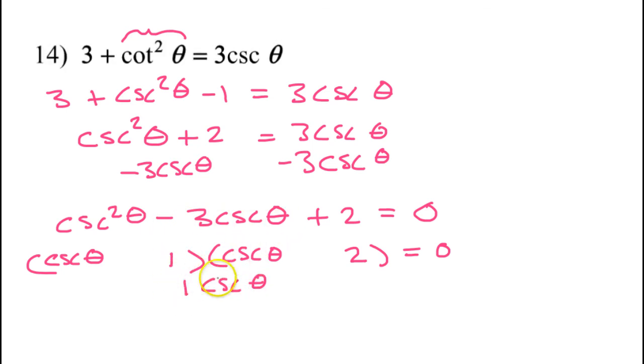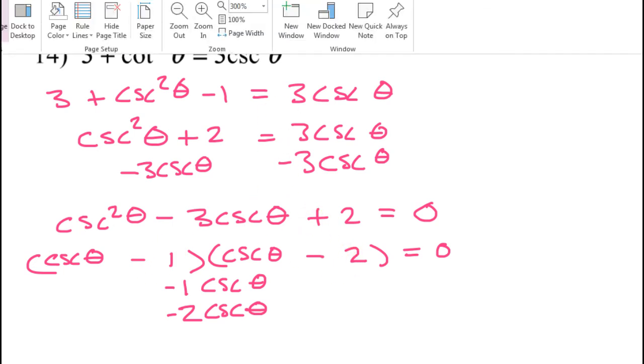Outer, I have 2 cosecant theta. The middle is negative 3 cosecant theta. I can make negative 3 cosecant theta out of this if I make both of these negative. I have to check this sign. Negative 1 times negative 2 is positive 2, so we are good.